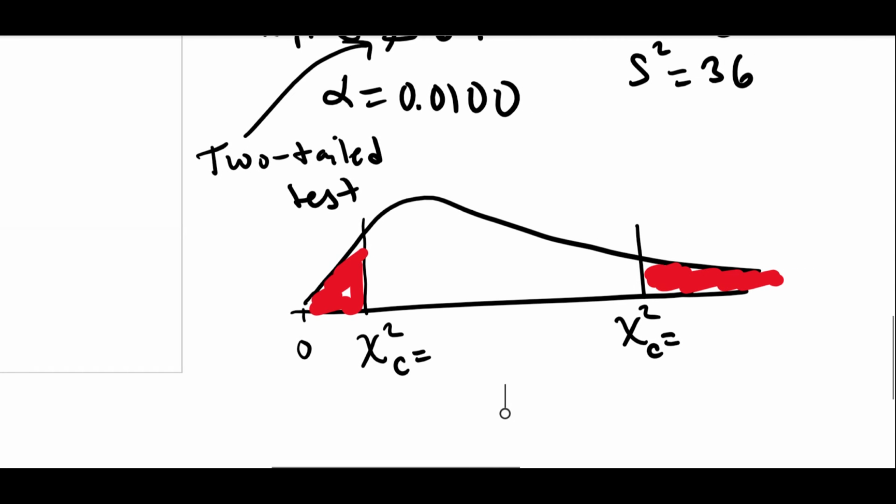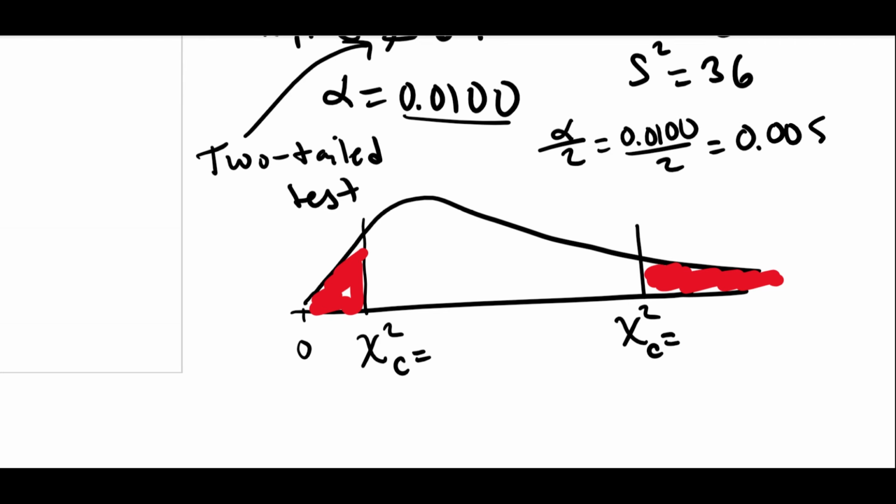Okay, so what are the areas of these rejection regions? Well, remember that alpha is 0.01, and because it's a two-tailed test, we have to divide alpha by 2, right? Every time you're dealing with a two-tailed test, you have to do alpha divided by 2. So this is going to be 0.0050. That's what these areas are worth.